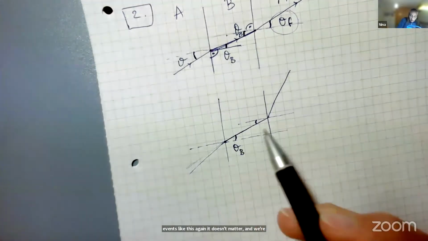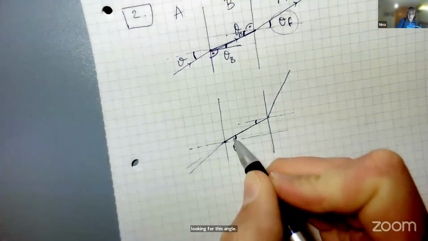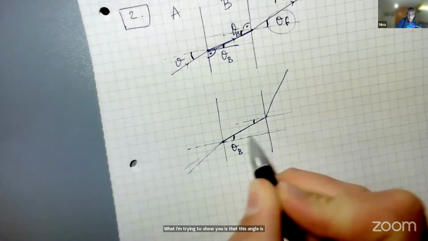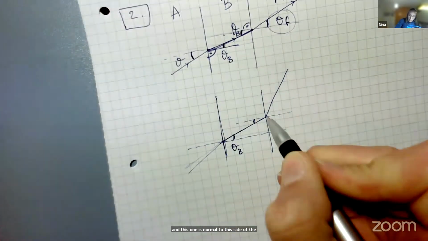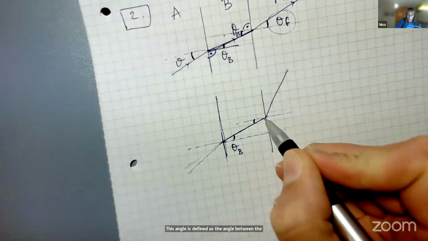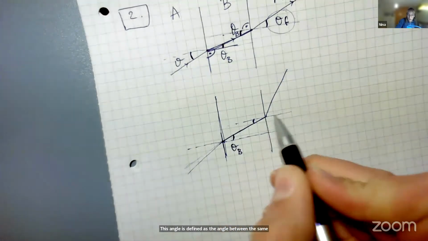What I'm trying to show you is that this angle is defined as the angle between this line and this one. And this one is normal to this side of the slab. This angle is defined as the angle between the same trajectory of the beam and another normal.